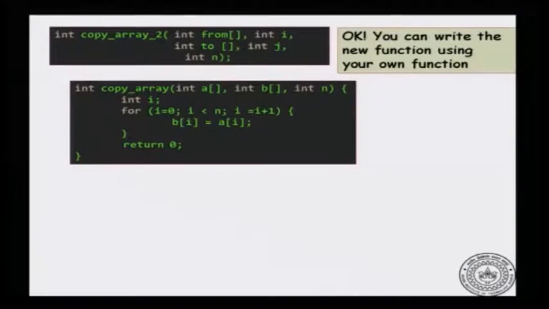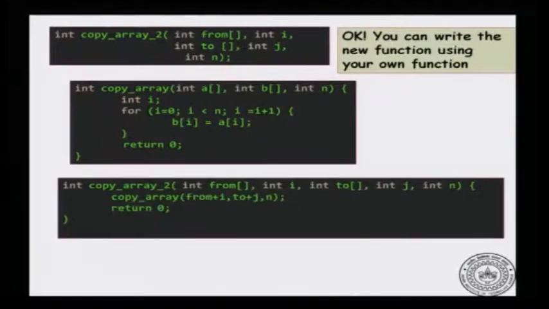Let's try to solve it using our own function, and here is the guess that I am making, and then I will justify that this works. I will just say, here is my function from i to j n, that will be defined as copy array (from plus i, to plus j, n).